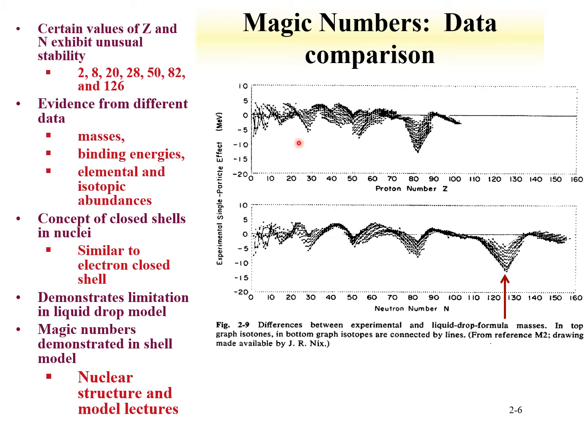But these peaks, they're demonstrating the limits of the liquid drop model. And it also demonstrates the limits of the concepts that go into the liquid drop model, where we're modeling the nucleus as a drop of liquid, and it has limitations. We see that there's structure, we see that there seems to be shell effects.